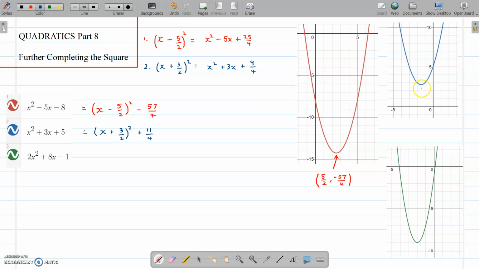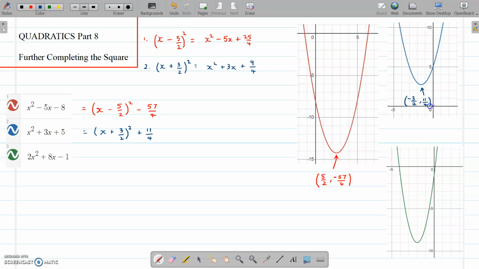I think you can see there that that point is at negative 1.5, so it's negative 3/2, comma, and the height of that point above the x-axis is 2 3/4, 2.75 or 11/4.